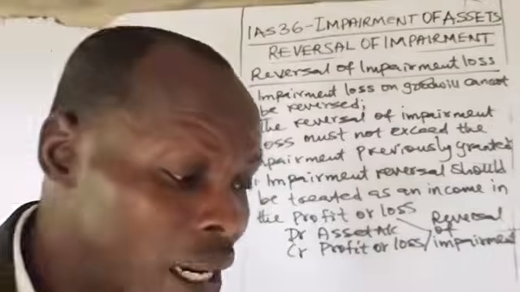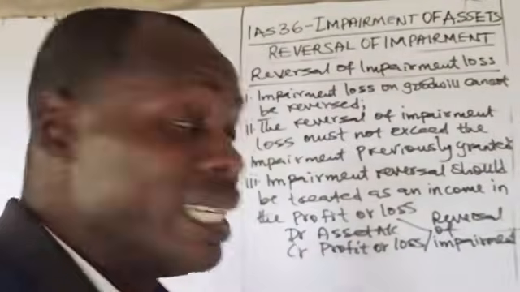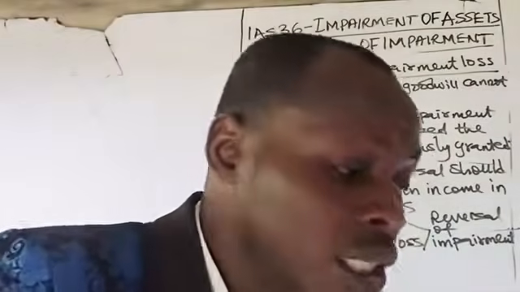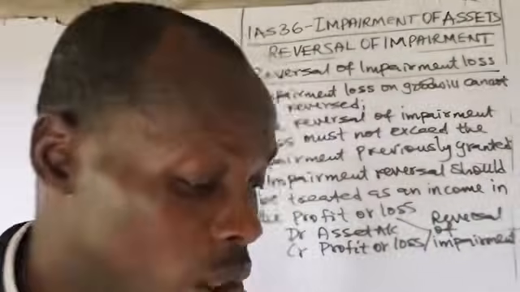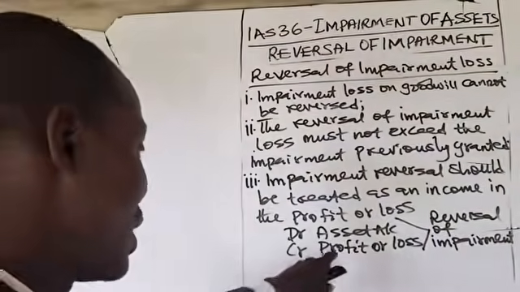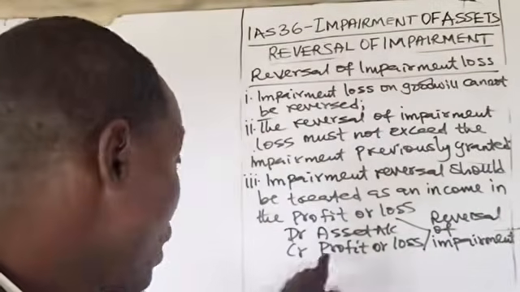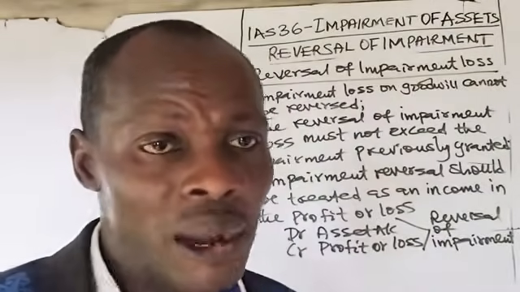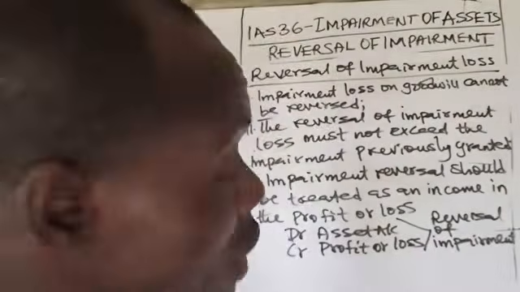If the original impairment was charged against revaluation surplus, if the impairment loss that had been granted in the past was charged against the revaluation surplus, then the reversal of impairment should be credited to the revaluation surplus. That is, if the impairment loss you have granted in the past was not debited to profit or loss, if it was earlier debited to revaluation surplus, that means the amount you want to reverse should be credited to revaluation surplus.